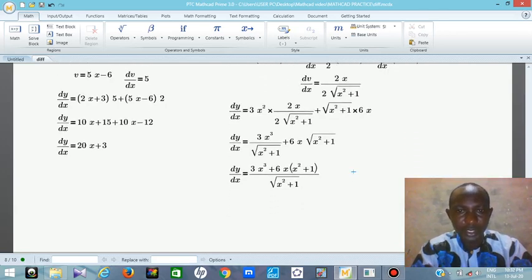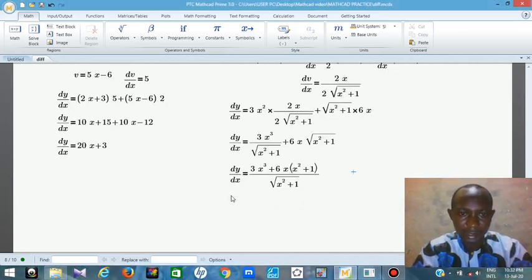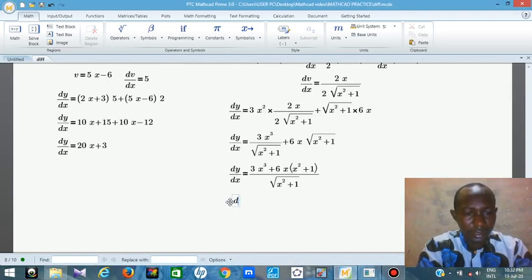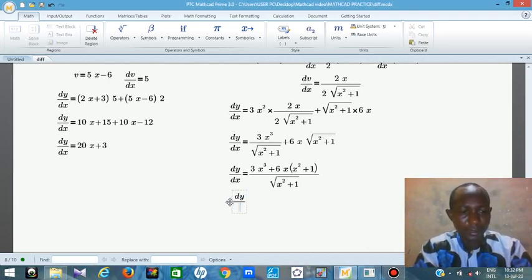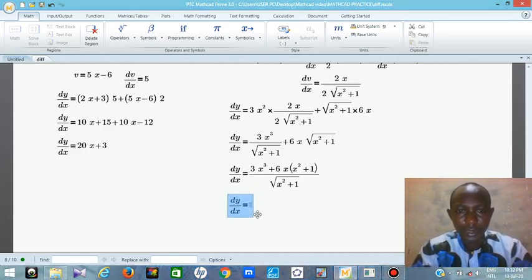So the next thing is for us to open this bracket, check what are like terms and complete our work. So dy dx is equal to, let's open this bracket and see what comes.